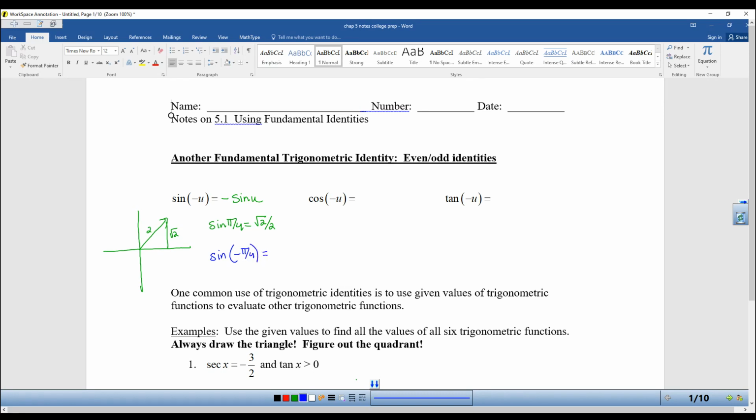Hopefully your strategy would be to say that the reference angle is pi fourths, so the answer is still square root of 2 over 2, and then you would determine the quadrant. Since negative pi fourths is in quadrant 4, you would decide that because of ASTC (All Students Take Calculus), sine is negative in quadrant 4. And there you have it. You can see it's exactly like they said. Sine of negative u is equal to negative sine of u.